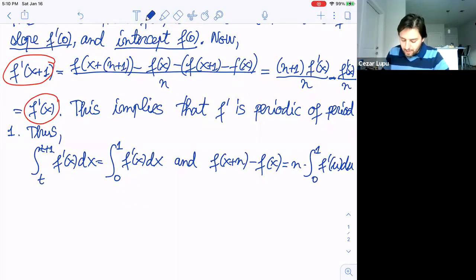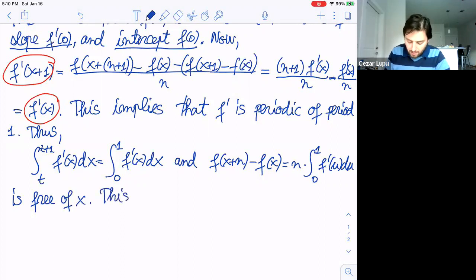So this integral is free of x, and this integral here is free of x, which is great.